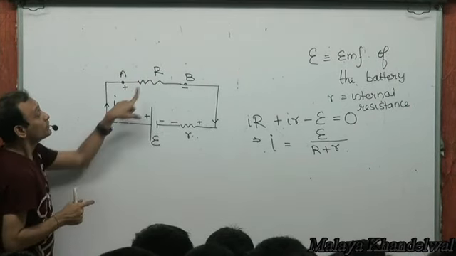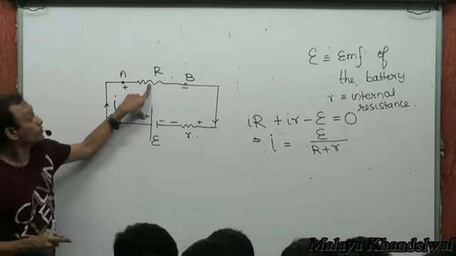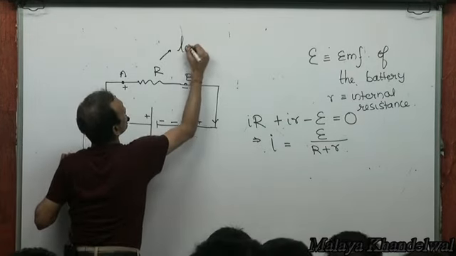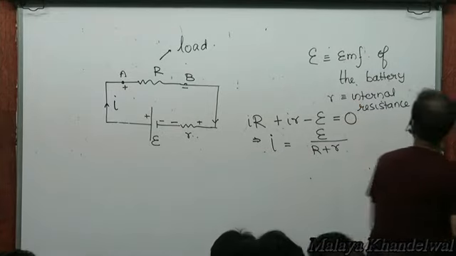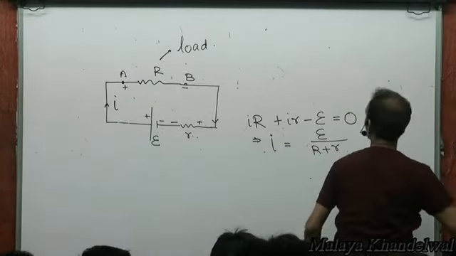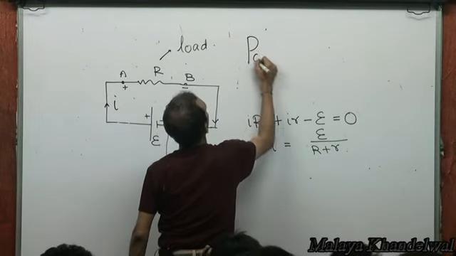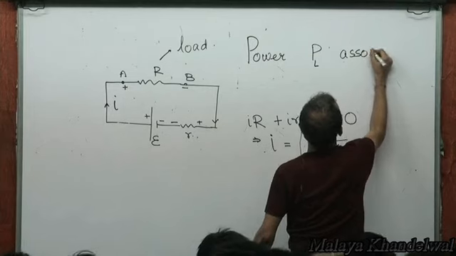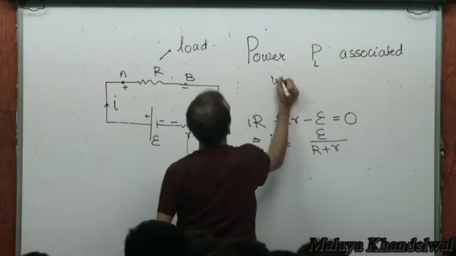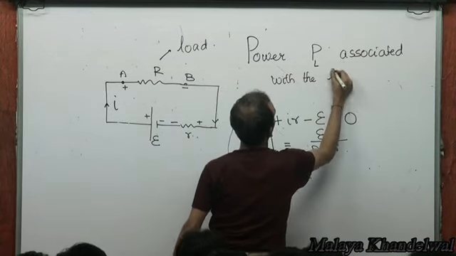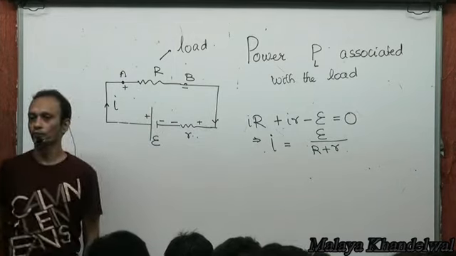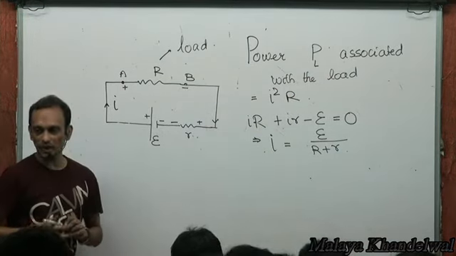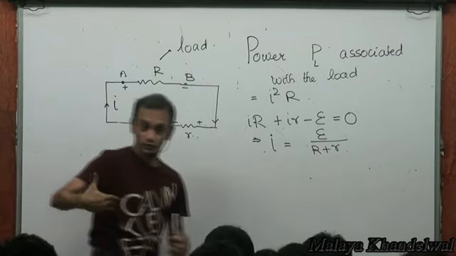Now, the power associated with this load would be I squared into capital R. Let's say L is my load, and the power associated with the load is going to be I squared into R. These many watts would be consumed by this load, right?